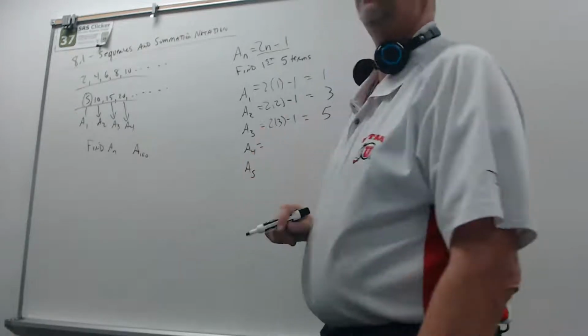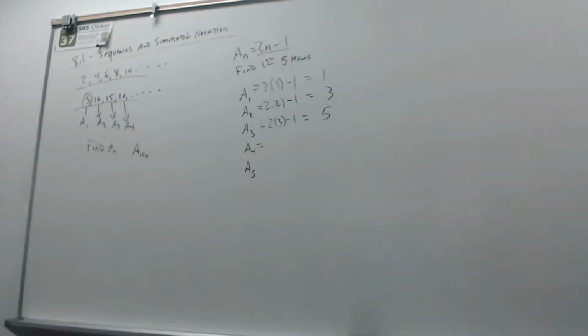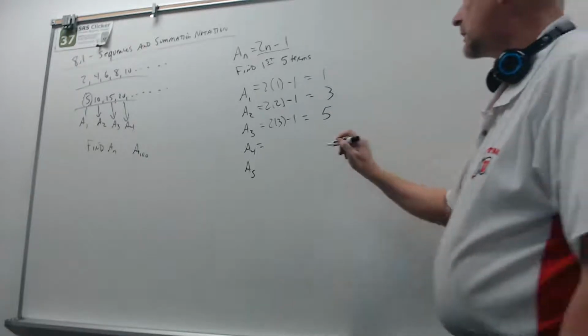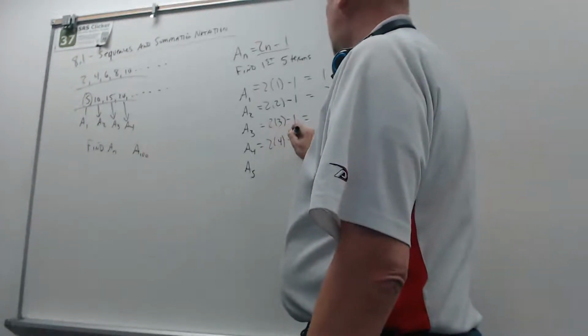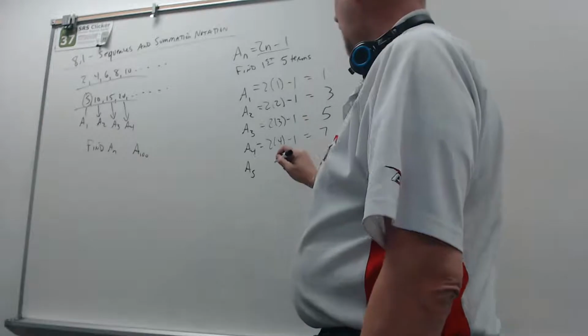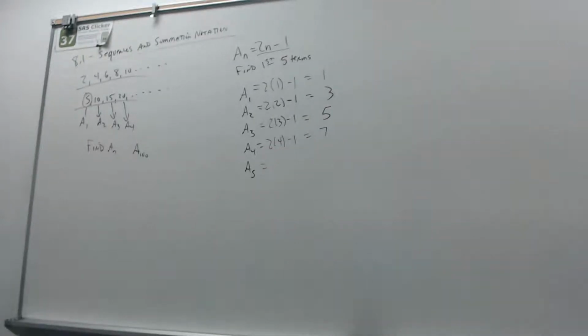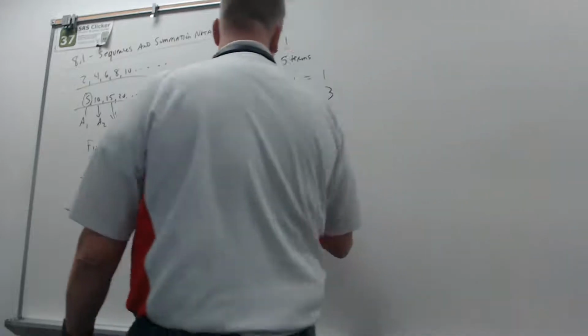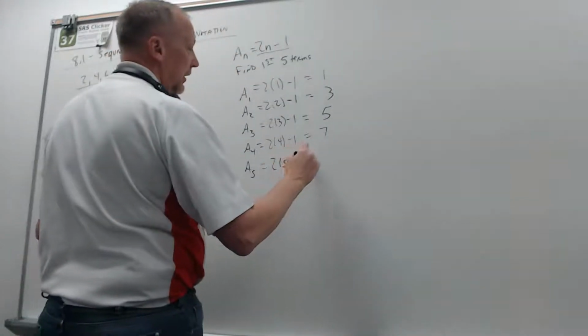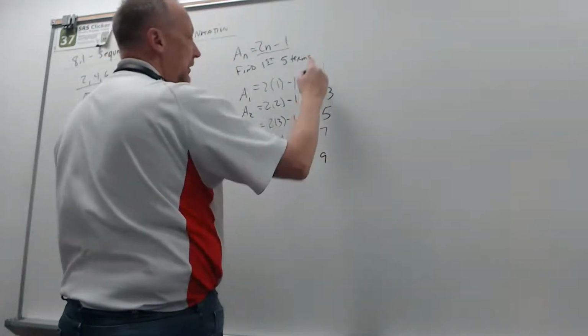A sub 4, Christian? 2 times 4, 8 minus 1, 7. And a sub 5, Kelly? 5 times 2 is 10 minus 1 is 9. And so you see a sequence here.